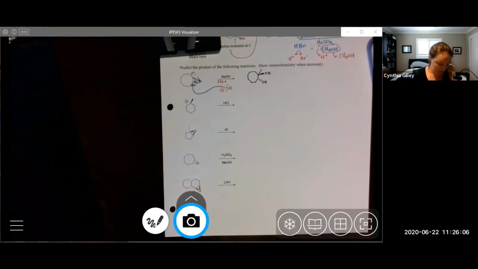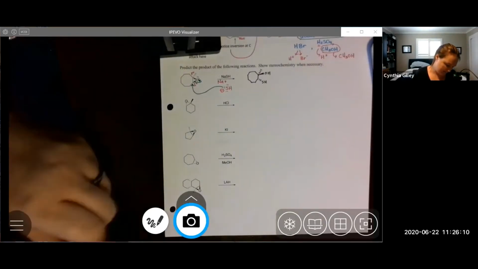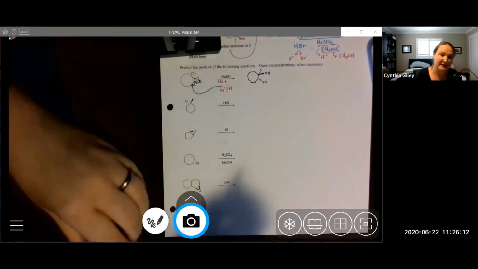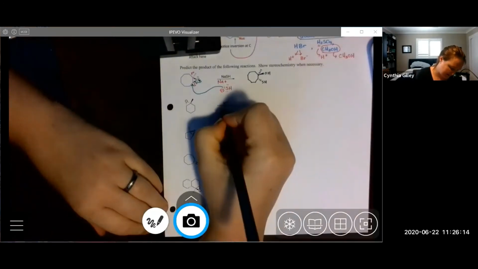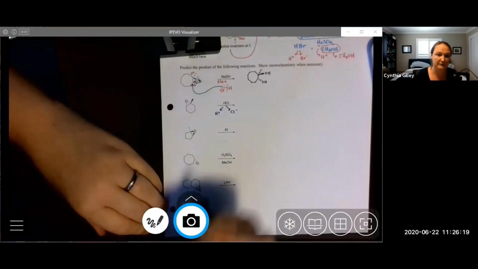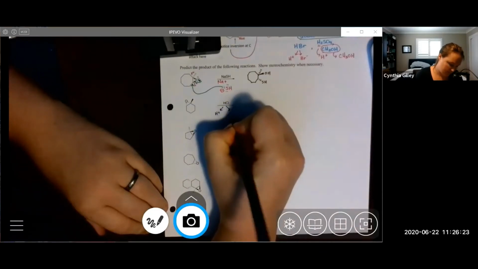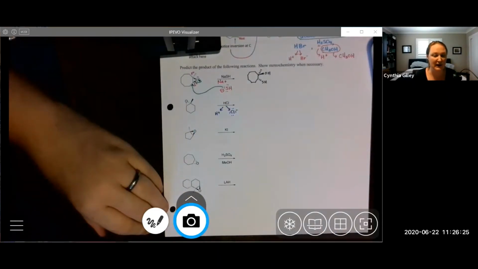Looking at the next one, now we have acidic conditions, because we have the acidic proton and our nucleophile is chloride. We want to pay attention to that because now we know the regiochemistry: the nucleophile will attack the more substituted carbon under acidic conditions.